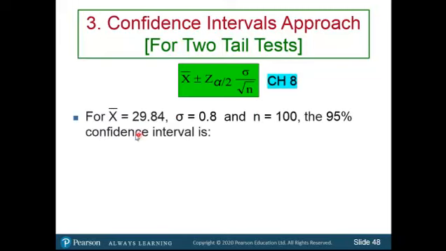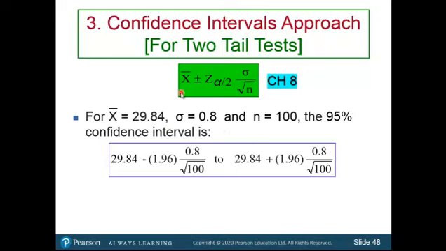So for our case, we have sample mean equal to 29.84, standard deviation of the population equal to 0.8, and sample size equal to 100. And we are going to build 95% confidence intervals because our alpha is 0.05, that is 5%.